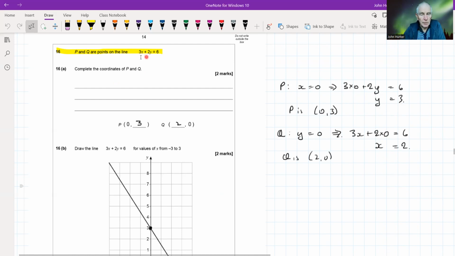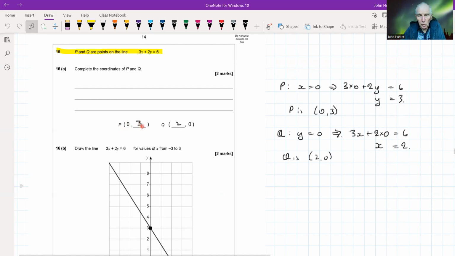Okay, so now the follow-up to that is that if we know one of these, then we can plug it into either the x or the y, and then we can use that to calculate the other one. So in this case, this point P has got an x coordinate of 0.